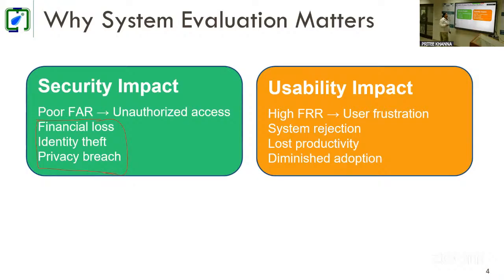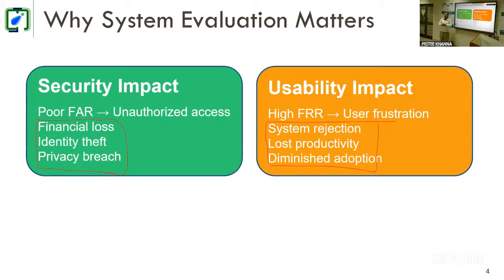But at the same time, if we go for a high false reject rate, the user will get frustrated and will not be satisfied. If there is a high false reject rate, the system is rejected and production is low. So we need to take care of both aspects.